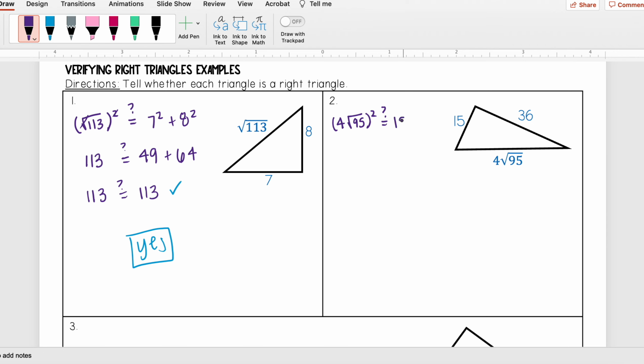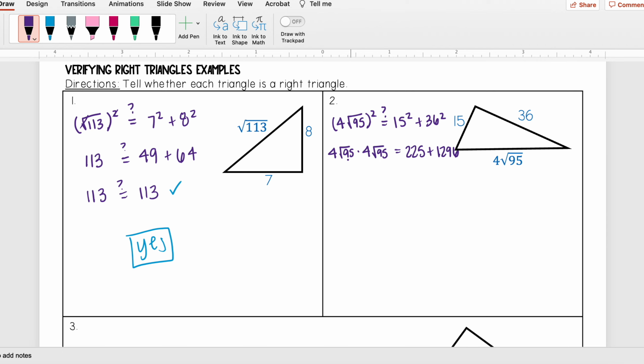And then we'll have 15 squared plus 36 squared. So when I'm squaring this left-hand side, I'm really having 4 square root of 95 times 4 square root of 95. 15 squared, I get 225. And then 36 squared, I get 1296.